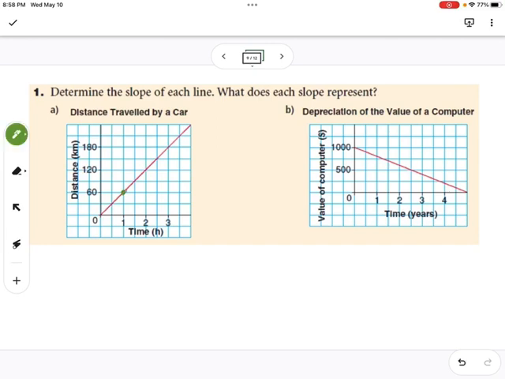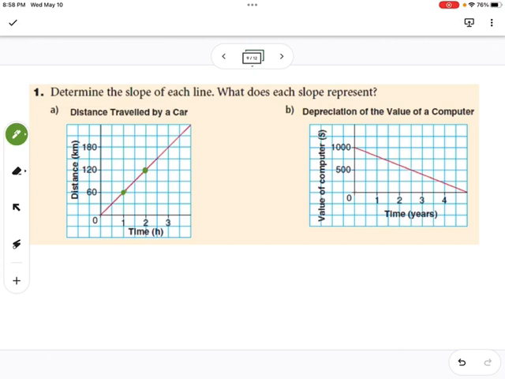So I'm going to choose here and here. No matter what points you pick, you should end up with the same slope as what I'm calculating. So if you wanted to pick different points and try it on your own, as long as you end up with the same slope or rate of change, then you know you're on the right track.